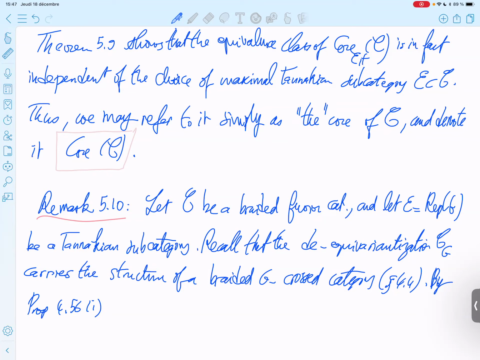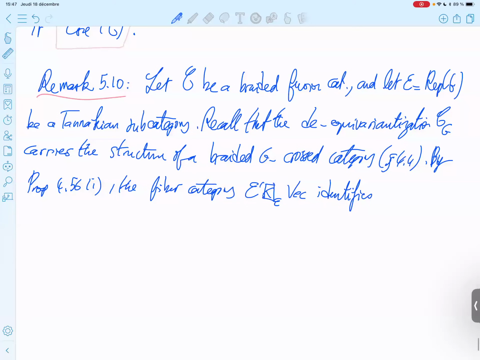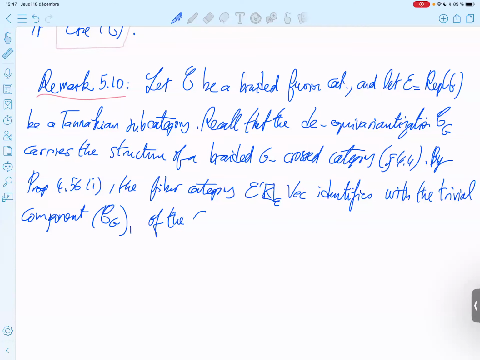We proved that the fiber category is identified with the trivial component of the G-grading from C_G.